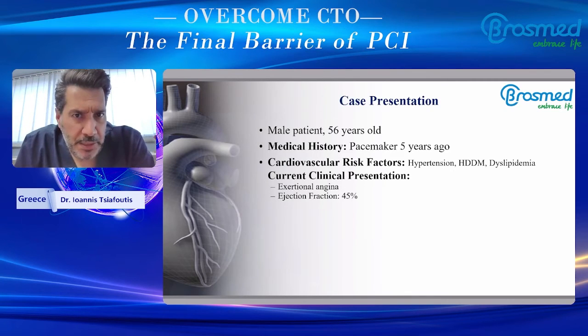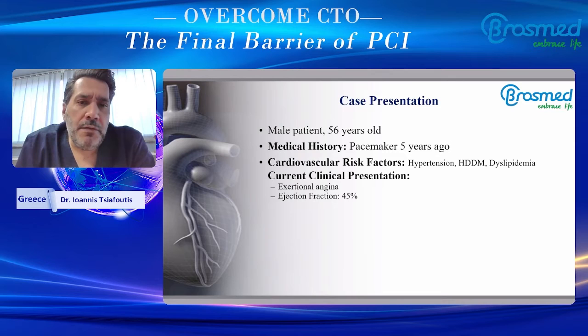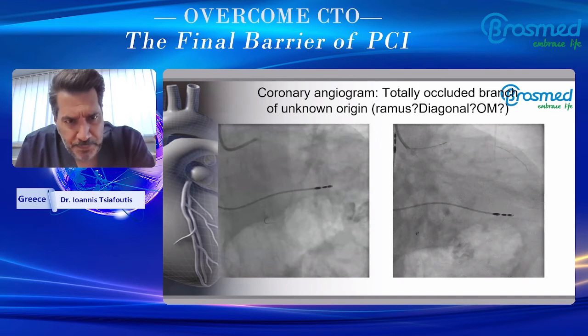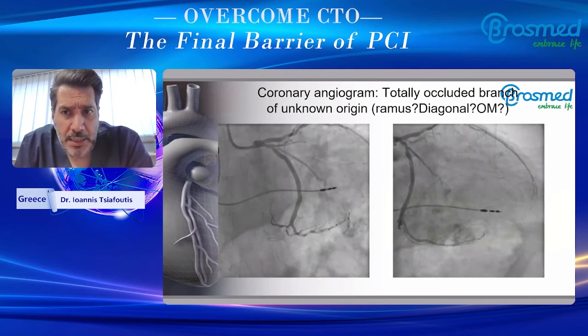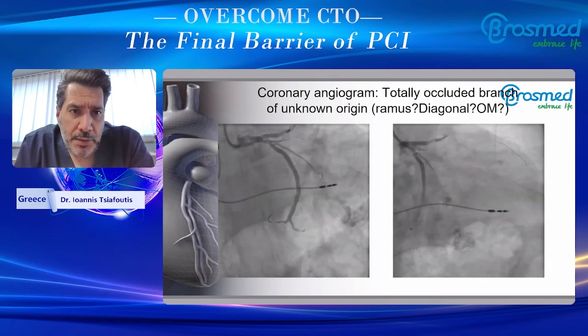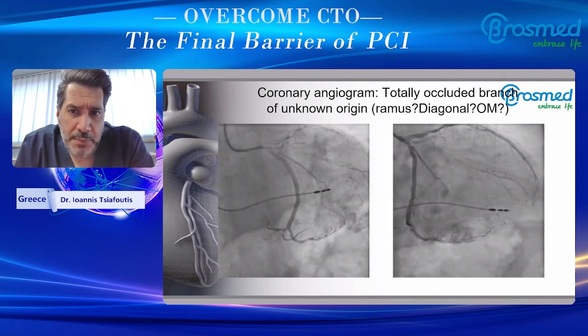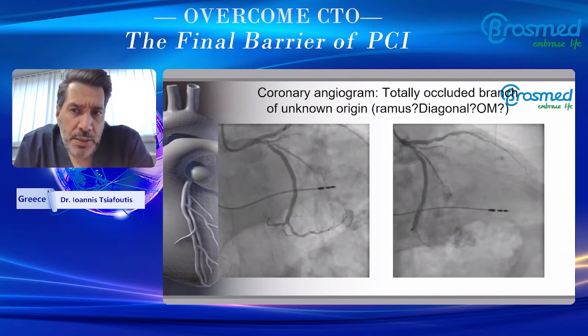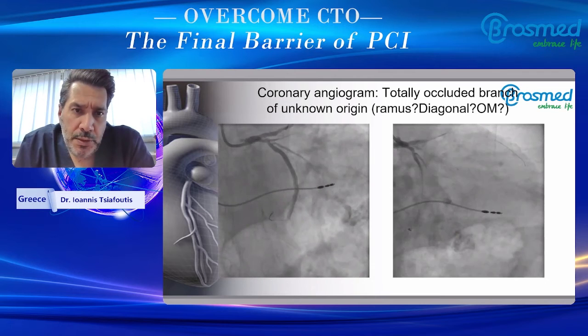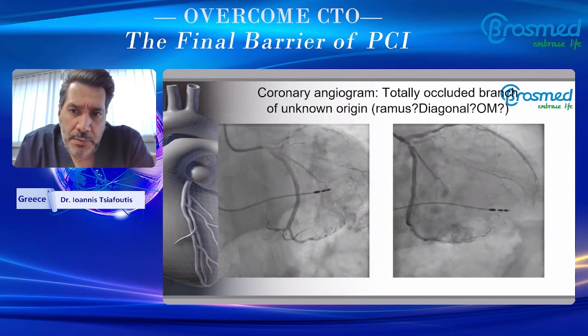Second case, a male patient, 56 years old, with a previous pacemaker 5 years ago, hypertensive and diabetic. He had angina. And there was this branch. It seemed like an intermediate, but we were not sure about its proximal cap, because we were not sure if it was an intermediate, a diagonal, or a high obtuse marginal.